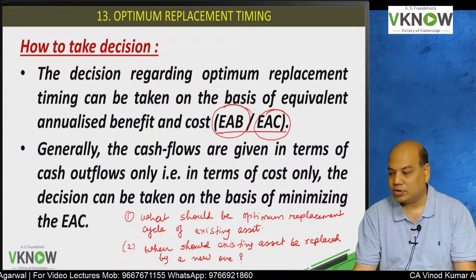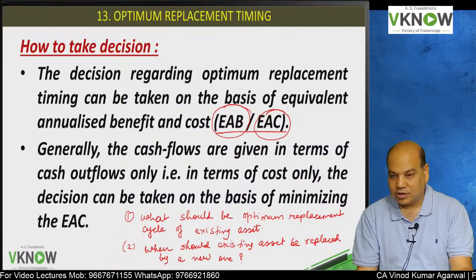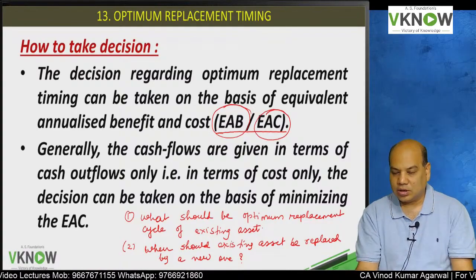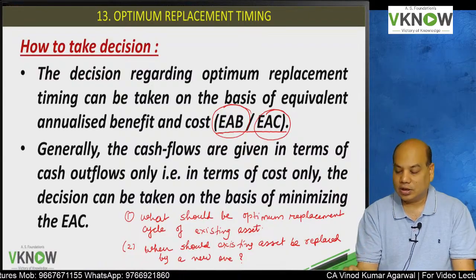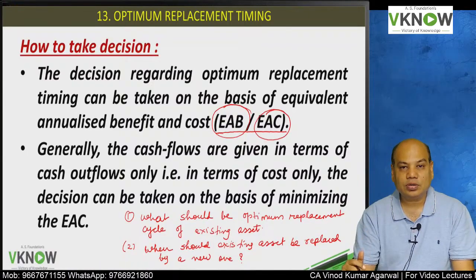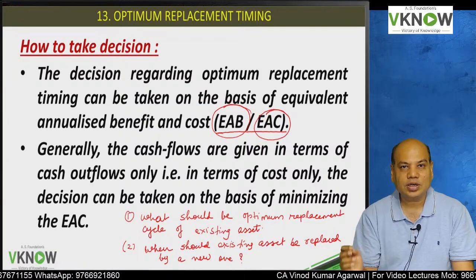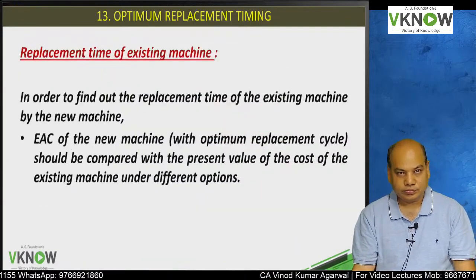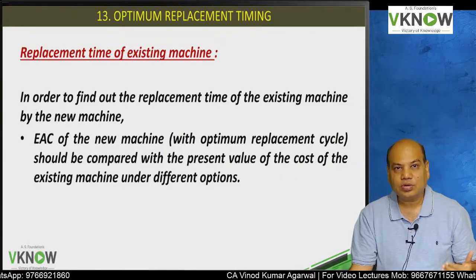This is another type of question. An old asset is there. I have an old car. It can be used for 2 more years. So I can replace it today also. Now I can replace it after 1 year also, and I can replace it after 2 years also.